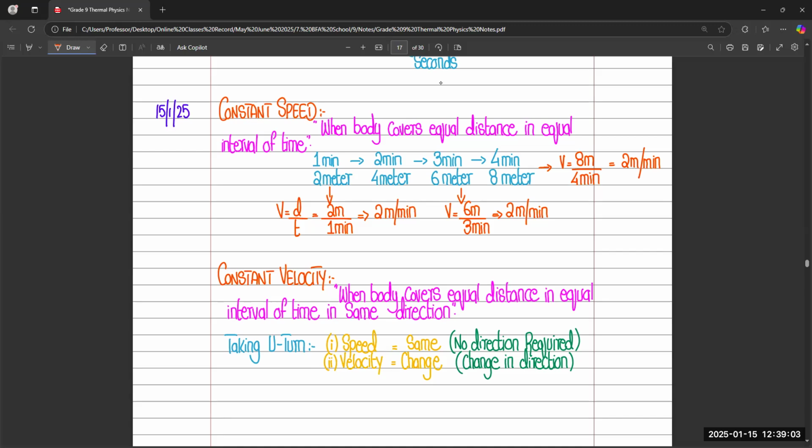So it means that the concept of acceleration is also the same, right? We can use the acceleration concept to show the change in velocity, an increase in velocity or a decrease in velocity. Okay.